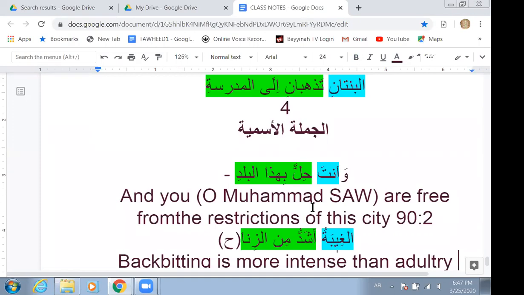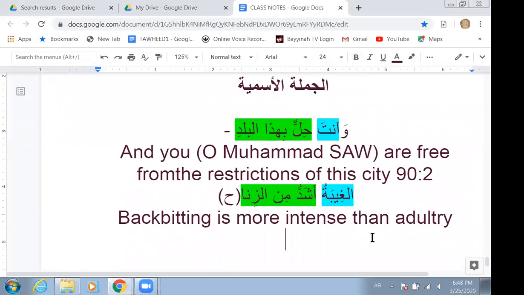And then we have, okay, this is the last thing for today. Yes, and this is again a hadith mubarakah, and it says al-ghibatu ashaddu min al-zina. So al-ghibatu is the mubtada. Ashaddu min al-zina. Ashaddu basically is an ism, but which ism is it? It is the ism tafdeel, the ism which is used for comparison.